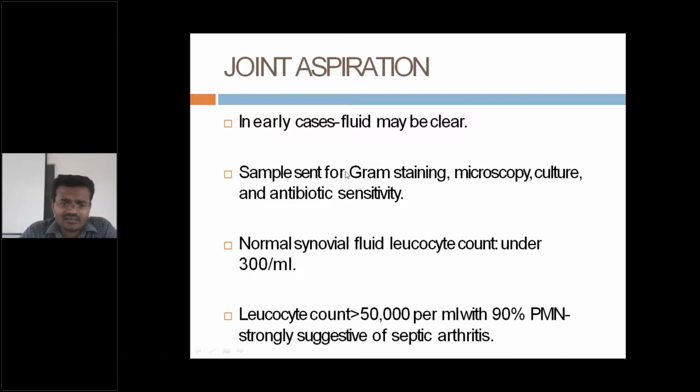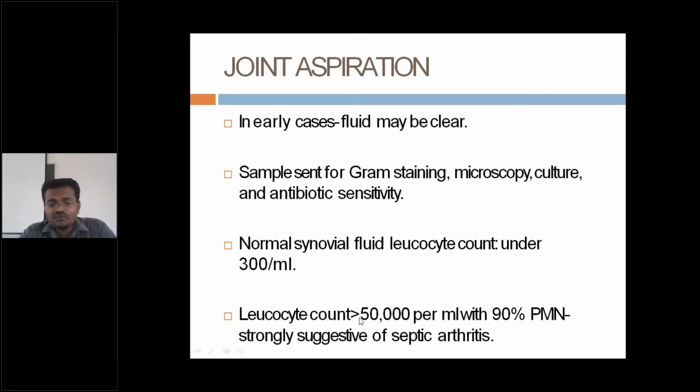In early cases the fluid may be clear, but we send the sample for microscopy, pathology, and biochemistry. Pathology is for knowing the counts, how the neutrophils are. Even in synovial fluid we can look for neutrophils. There will be 90% polymorphonuclear neutrophilic leukocytes in the synovial fluid, and the leukocyte count will be greater than 50,000.